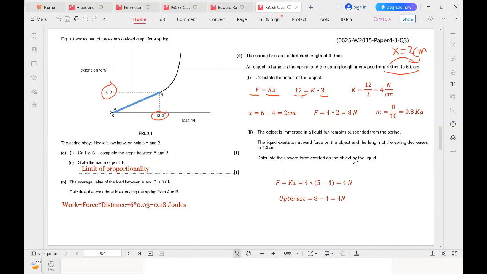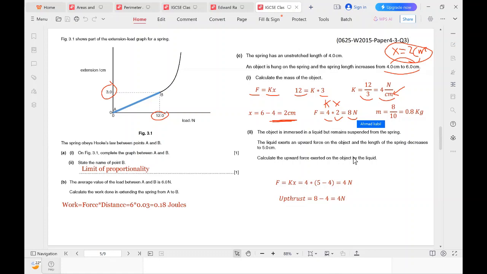We get K as 12 divided by 3, which is 4 newtons per centimeter. We're working in centimeters anyway, so we don't need to do any conversions like we said before. Now that we have the extension as 2 centimeters, we can simply get the new force as K times x. So 4 times 2, which is 8 newtons.